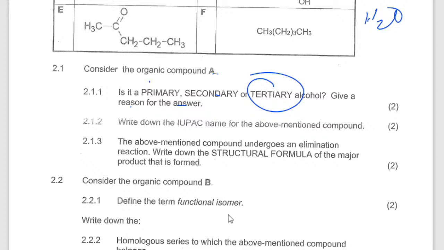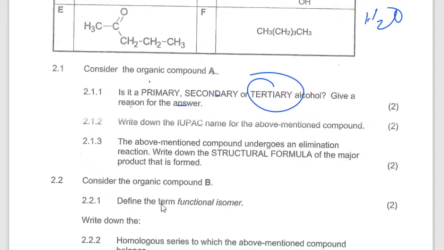If they say position isomer, it's organic molecules with the same molecular formula but different positions. Functional isomer: organic molecules with the same molecular formula but different functional groups. Structural or chain isomer is the same thing. So because they're asking about functional isomer, it is organic molecules with the same molecular formula but different functional groups. That's how you're supposed to define that question.